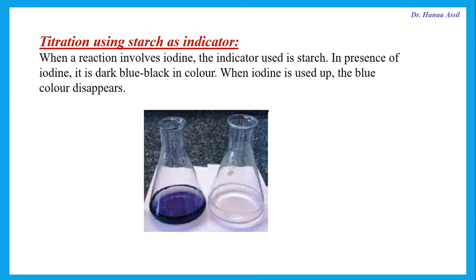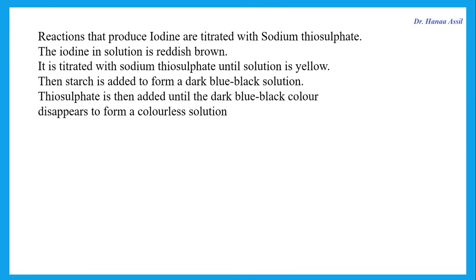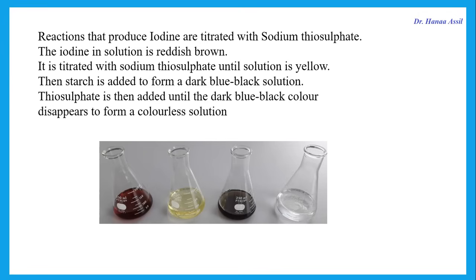Now, when the iodine is used up, then the blue color disappears. So I can do reactions that produce iodine, and when they produce iodine, I then titrate with sodium thiosulfate. So the reaction is forming iodine. The iodine in solution is reddish brown.